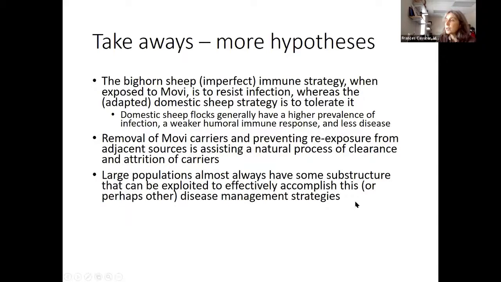I also think that large populations almost always have some substructure that can be exploited to effectively accomplish test and remove, or perhaps other disease management strategies. So I think it may be more doable to conduct test and remove in large populations than I had originally thought it would be.